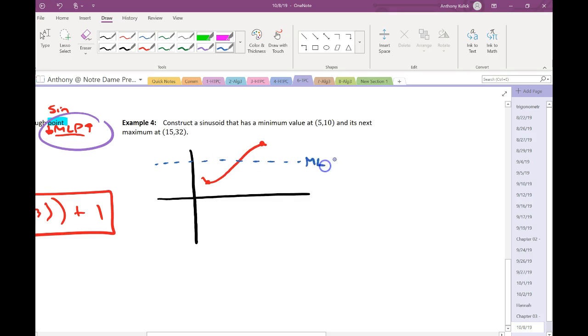My midline should be halfway through the middle of that, right? So to do that, I'm just going to take y max plus y min and divide it by 2. So that's going to be 21. Okay with that?